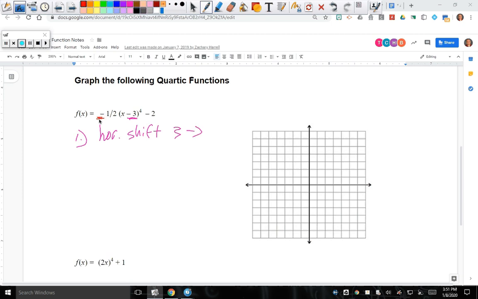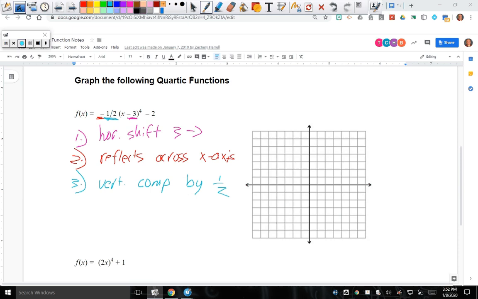The negative is a reflection across the x-axis again. The 1/2, help me out, vertical, because it's not inside with x, is a vertical compression by 1/2.